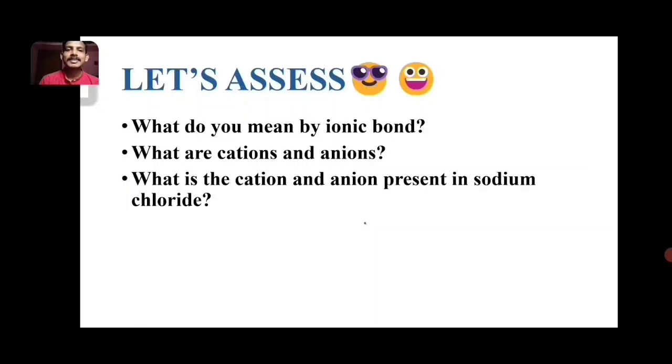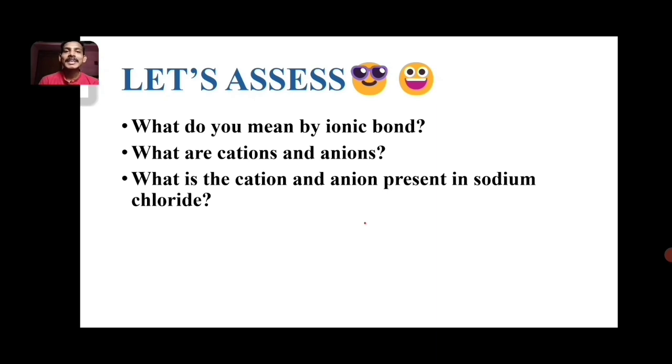Clear? So the first question is, what do you mean by ionic bond? Very good. It is an electrostatic force of attraction between two ions which have opposite charges. Okay, the next question is, what are cations and anions?